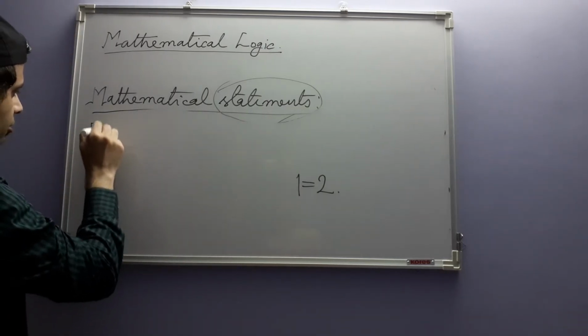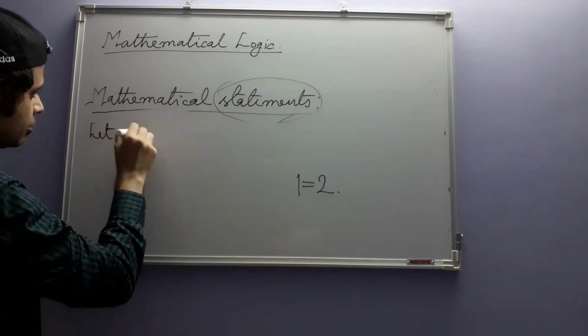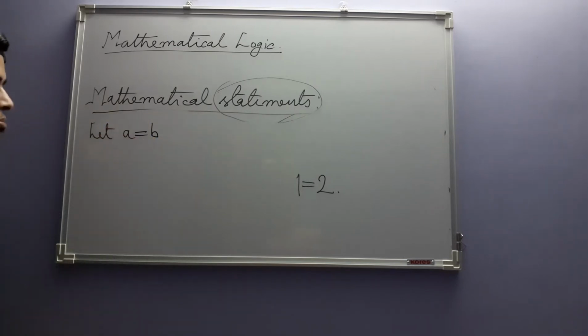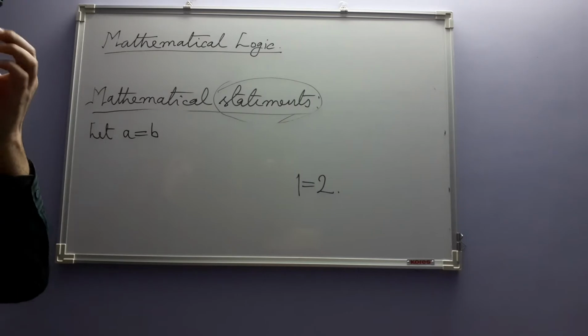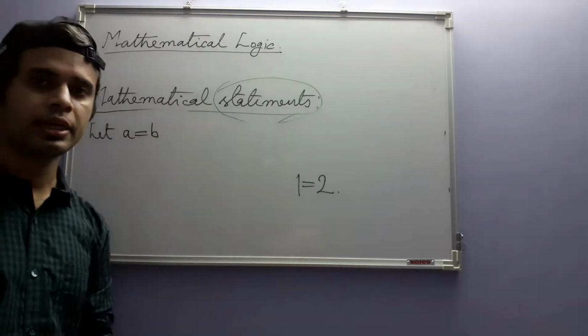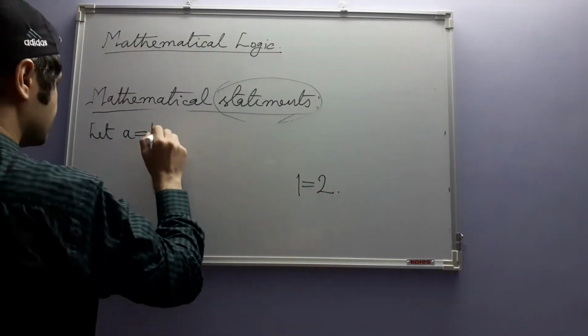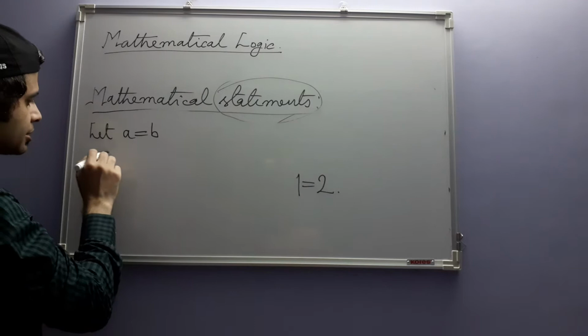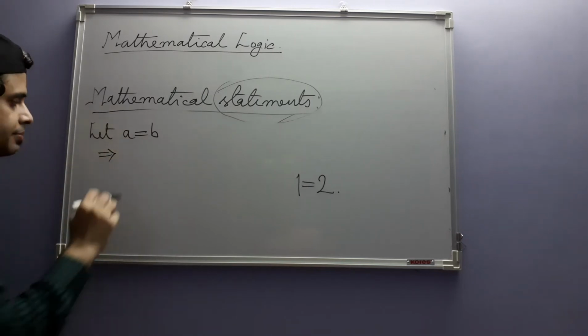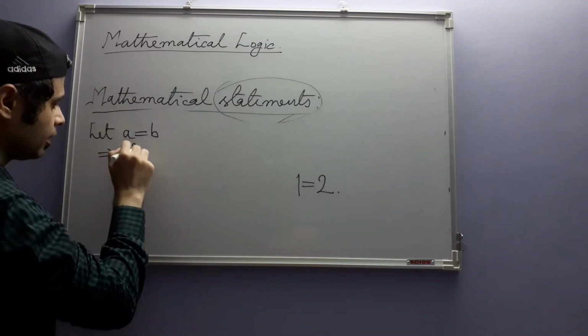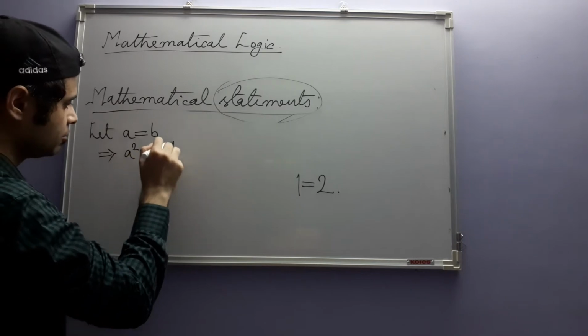So let A be equal to B. I am considering two variables A and B which are equal. Now I can multiply both sides by A, so that gives me A square is equal to AB.